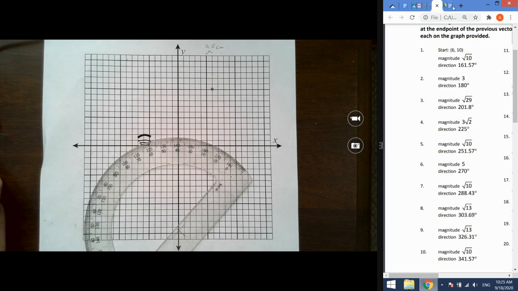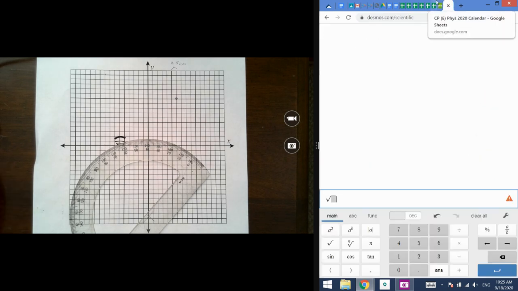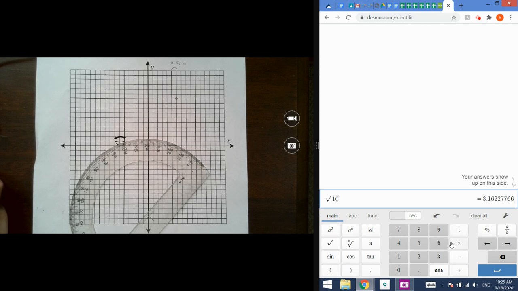So root 10, which is 3.16, and then we're going to multiply that by 0.5, and that'll tell us how many centimeters there are. So that's around 1.6 centimeters.